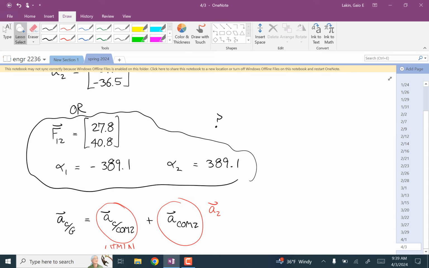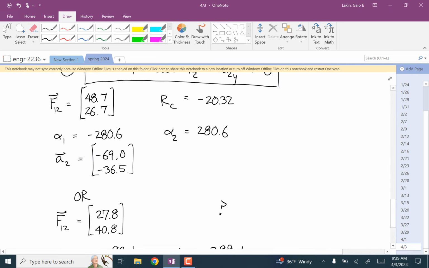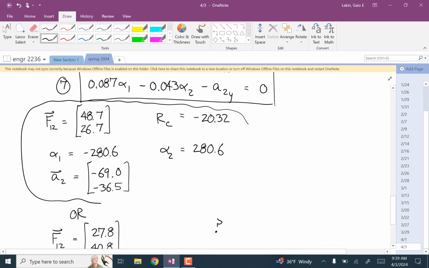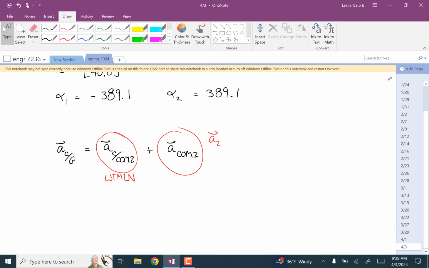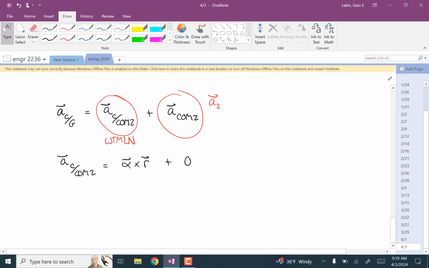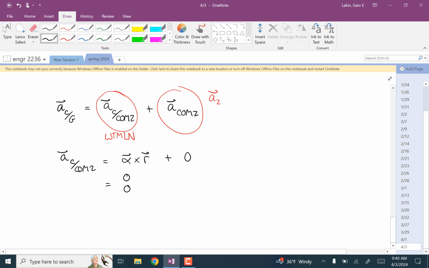I said I was going to use Cale's, but I'm not. I'm going to use mine because I have all the values right here. Okay, so the acceleration of C relative to the center of mass of 2 is alpha cross r plus, we know that those omegas are 0, so the alpha vector is 0, 0. This is alpha 2, so 280.6.